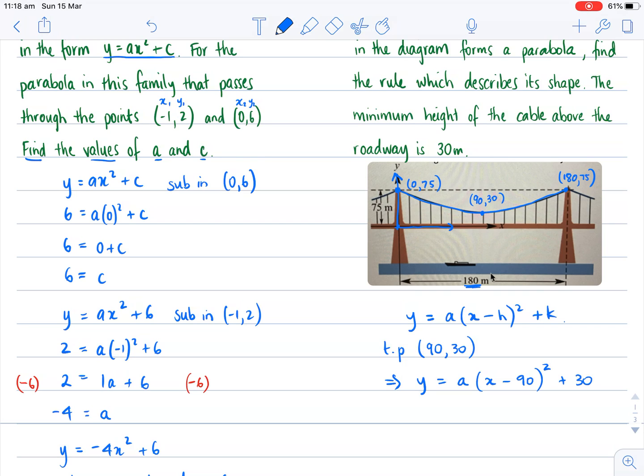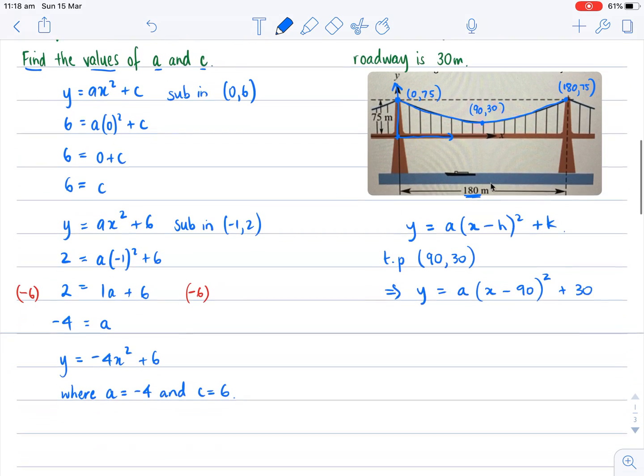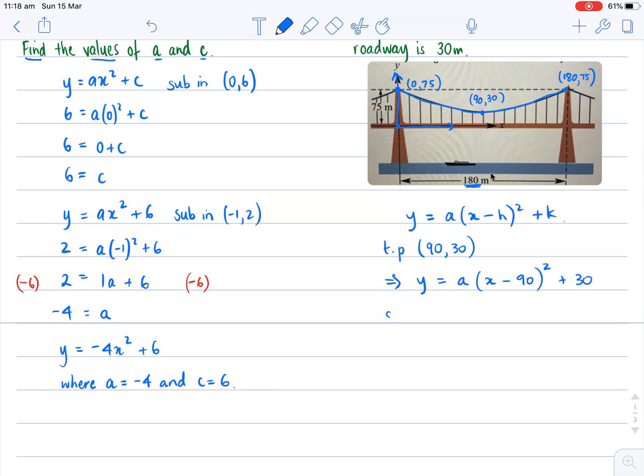Now all I have to do is use another point to find out what the a value is. I can use 0, 75 or 180, 75. The obvious choice is 0, 75 because the numbers are smaller and it gets rid of the x value.